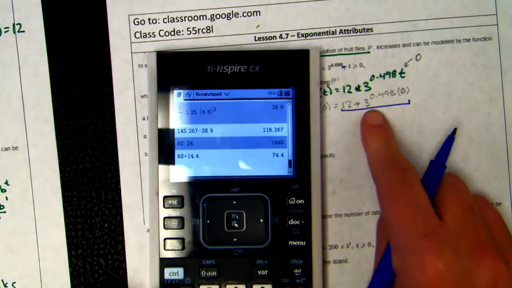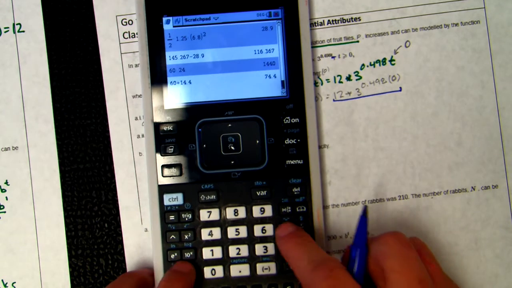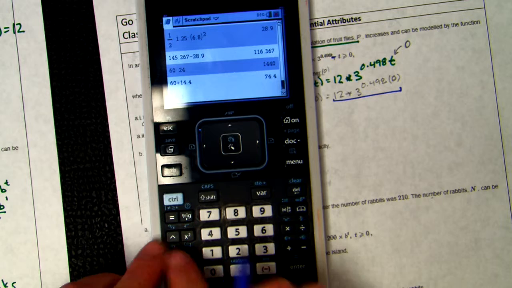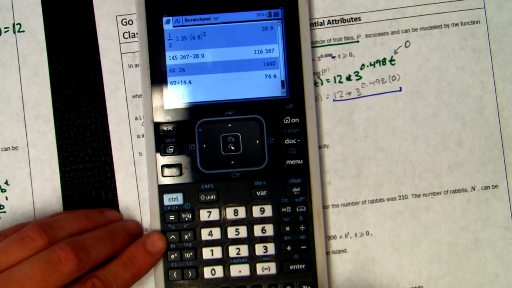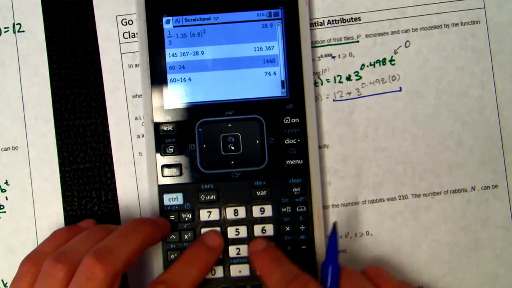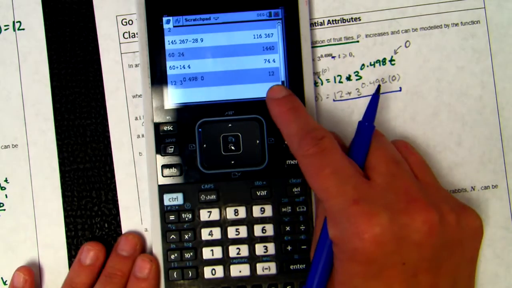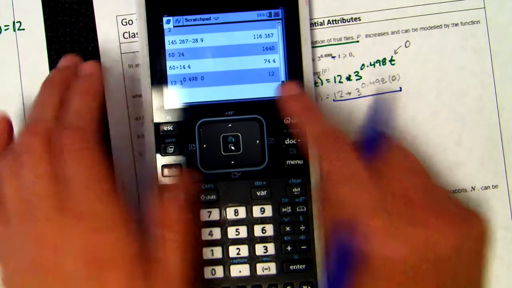So I think you can see that calculator. So I've got 12 times 3 to the power of, it's this little button on the left-hand side. That's our exponent button, to the power of 0.498 times 0. Okay? And when I press enter, I get 12.